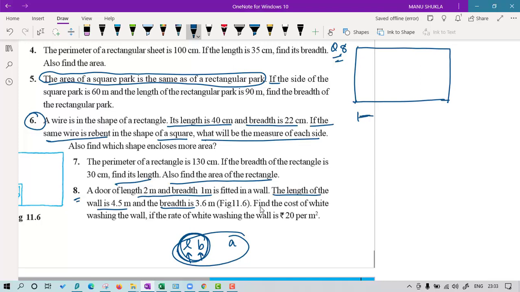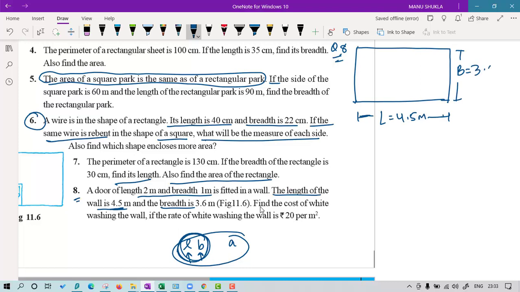So capital L equal to how much? For the wall the length is 4.5 meters, and for breadth let's take capital B. This is just I am doing for reducing the confusion. The B is how much? 3.6 meters.